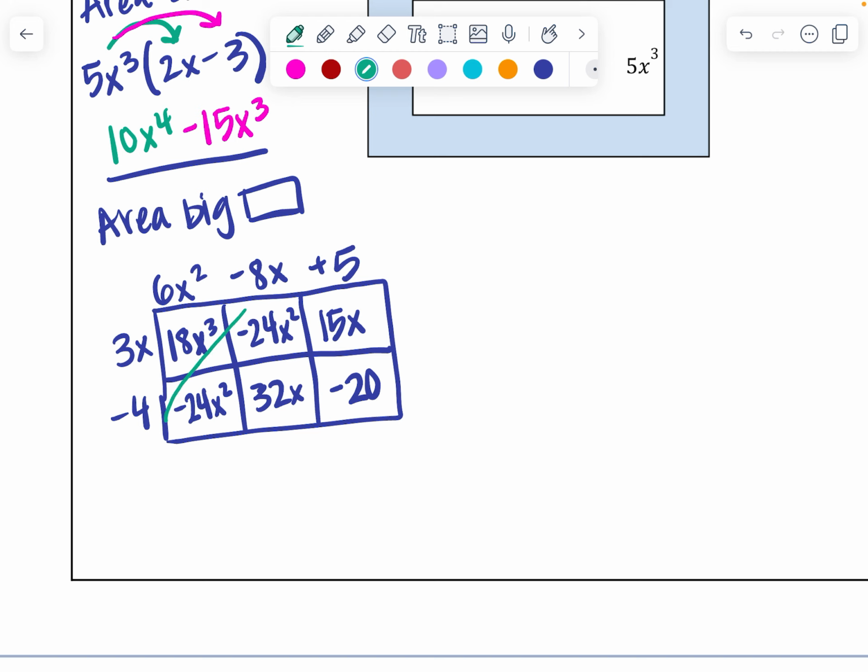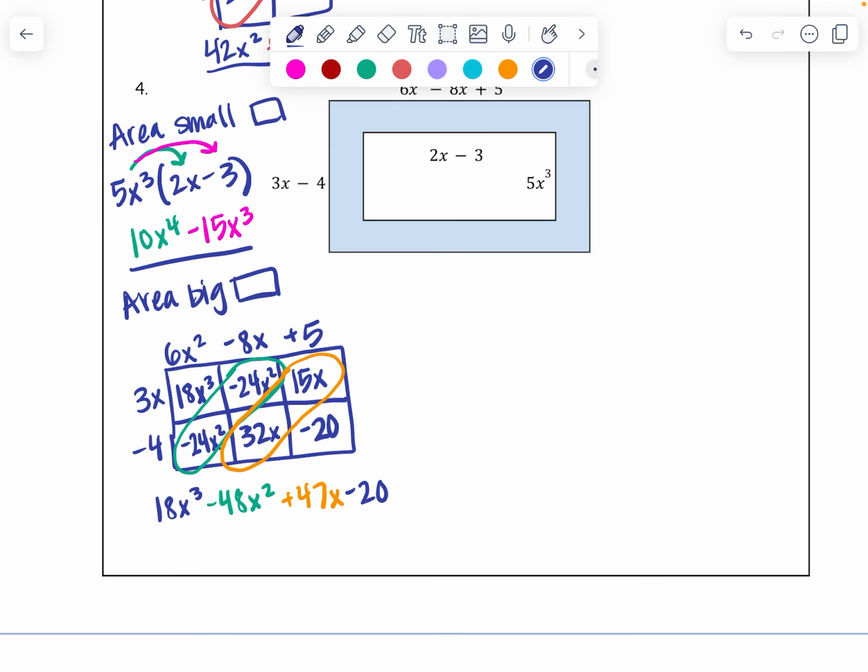So here are the like terms. So the area of the big rectangle is 18x cubed minus 48x squared plus 47x minus 20.